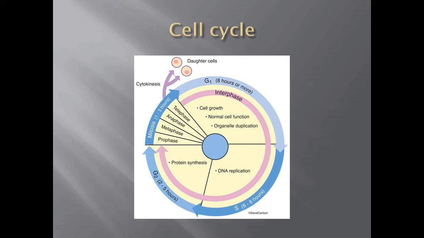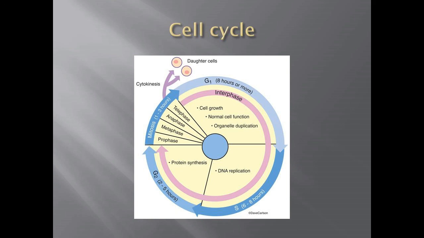Now dear students, come to the M phase or mitotic phase of cell division, and in this phase the cell will divide into 2 daughter cells. Mitotic phase takes 1 to 3 hours to complete, and in mitotic phase there are 2 subphases which are karyokinesis and cytokinesis.